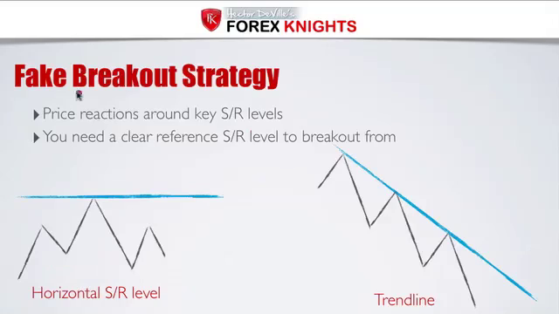However, like any other type of breakout strategy, the pattern becomes much more reliable, much more accurate if it's based around a top level of support and resistance instead of, let's call it, a secondary level of support and resistance. So you want to make sure that you trade those fake breakouts that are based around top swing highs or swing lows instead of these second class swing highs or swing lows.